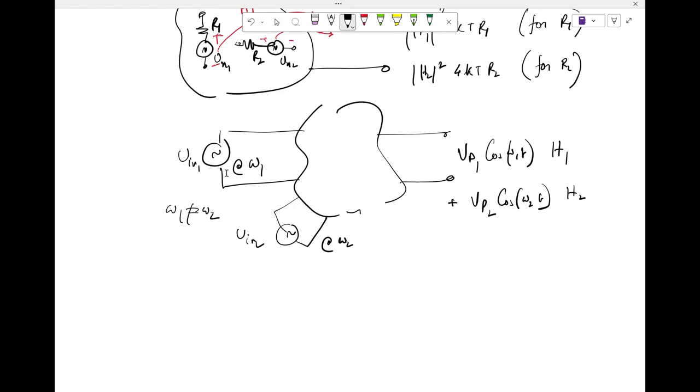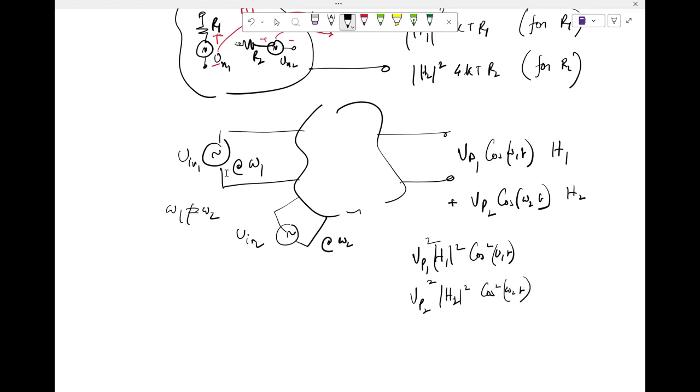So if I square it and take an average, what do you end up with? You end up with three terms. One term is Vp1 squared mod of h1 squared cosine squared omega 1t. Another is Vp2 squared mod of h2 squared cosine squared omega 2t.